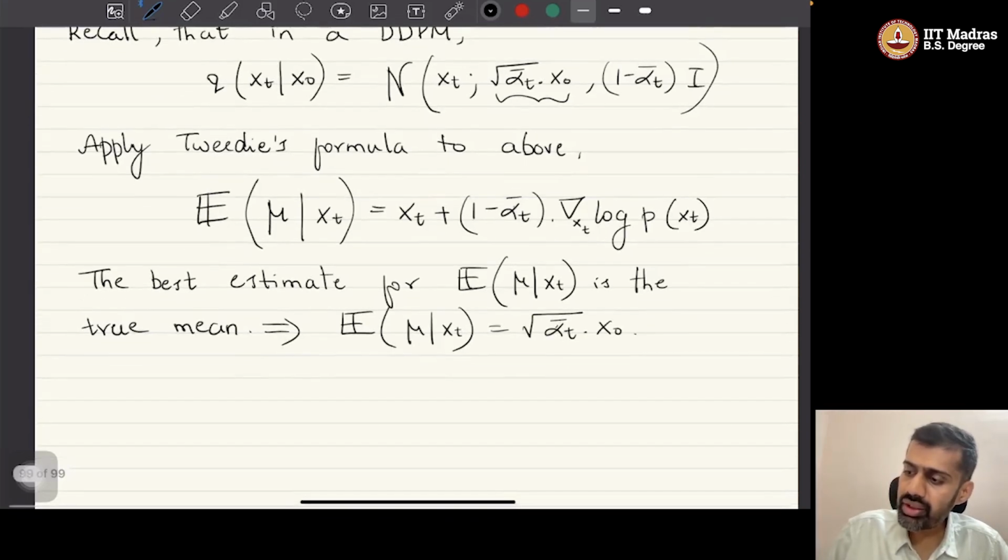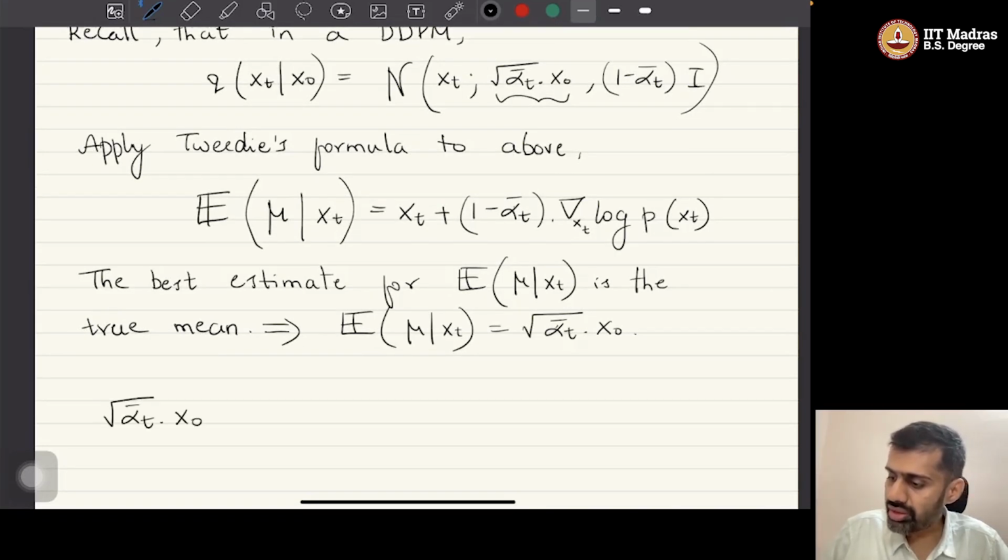Now if I plug this into Tweedie's formula, my root of alpha_t bar times x_0, which is the LHS, is equal to x_t plus 1 minus alpha_t bar times the score function of the marginal distribution of x_t.